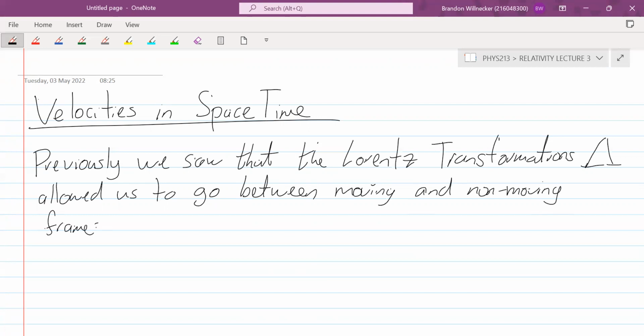And we saw that this was just a very special case of a coordinate transformation.